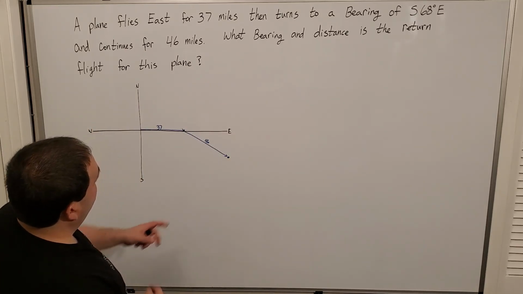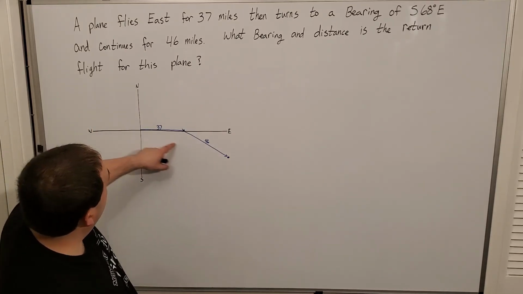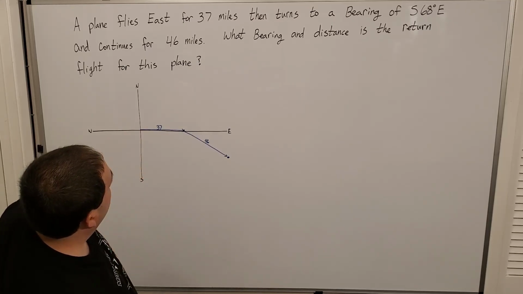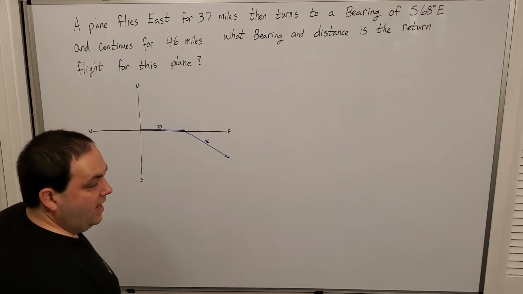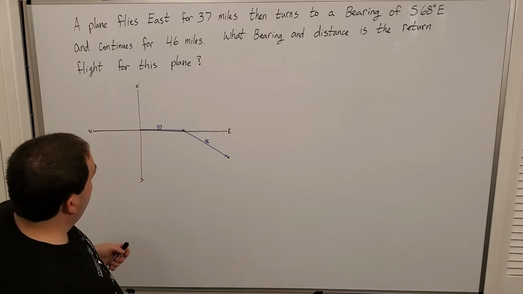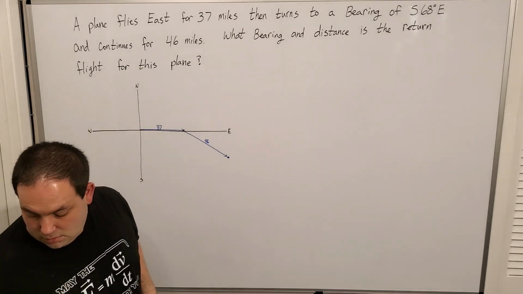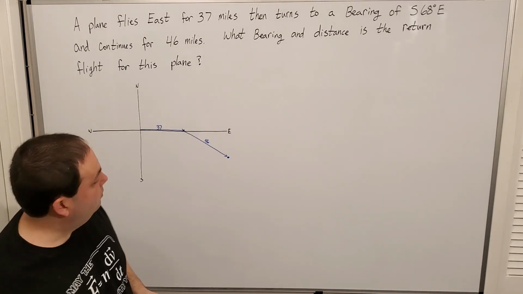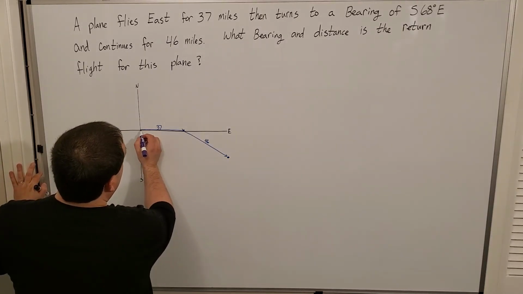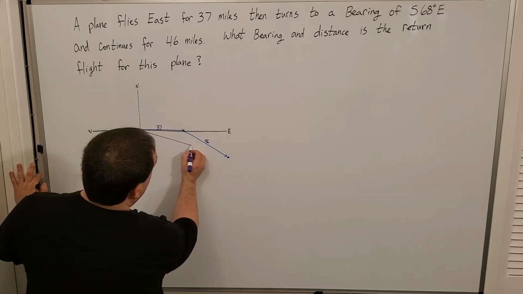So then at this point, we want to know if it was going to fly directly back to the original point of origin here, then what would be the distance and the bearing needed on that distance to get back directly to the original point. Okay, so I'm going to go ahead and label this thing right here.